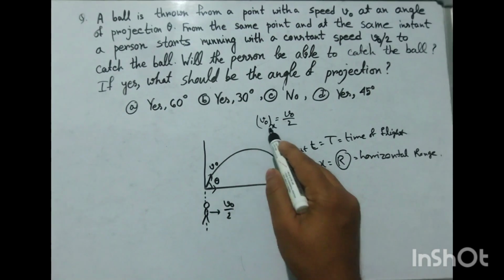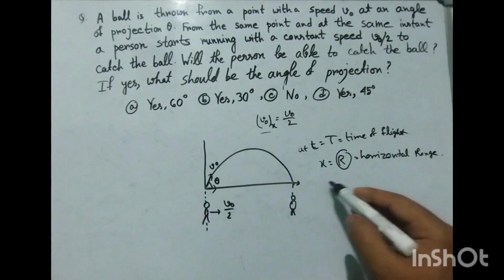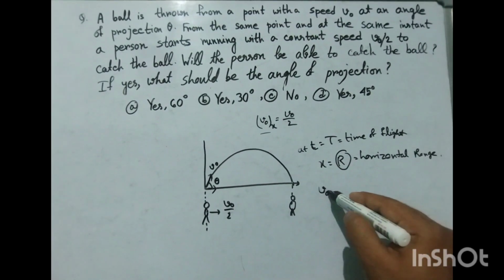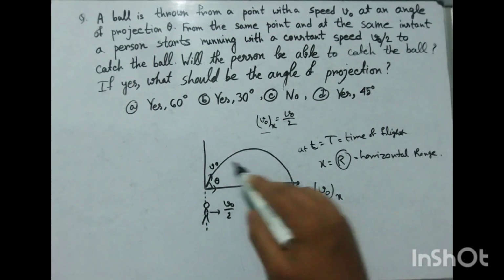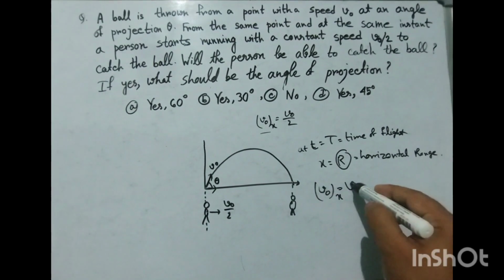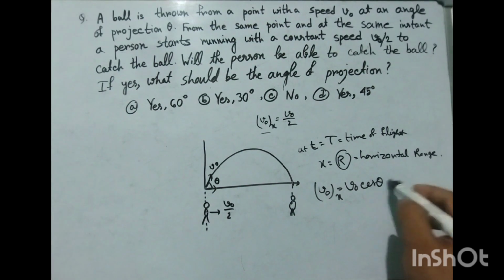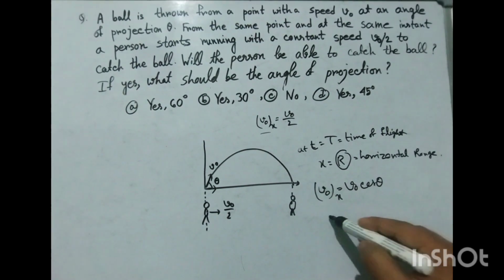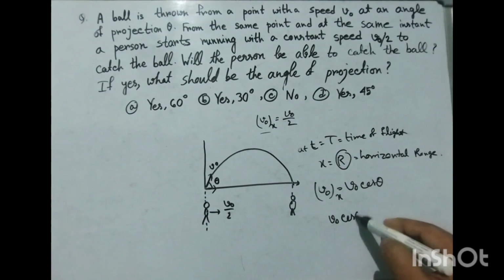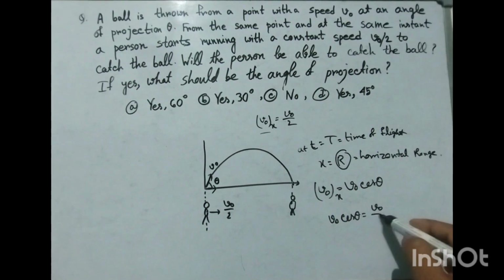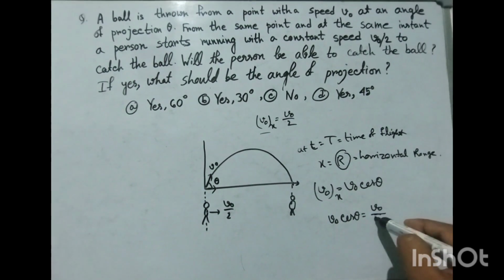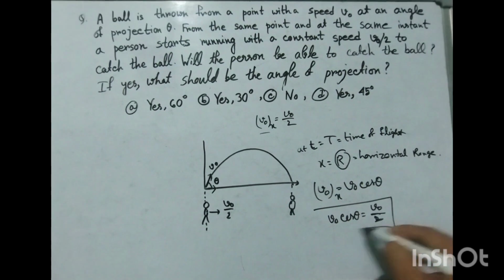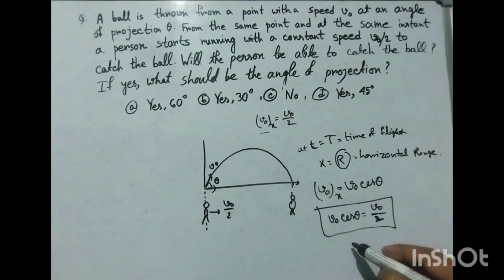So the x component of this velocity will be v naught cos theta. That means v naught cos theta should be v naught by 2. Only in that condition will the man be able to catch the ball.